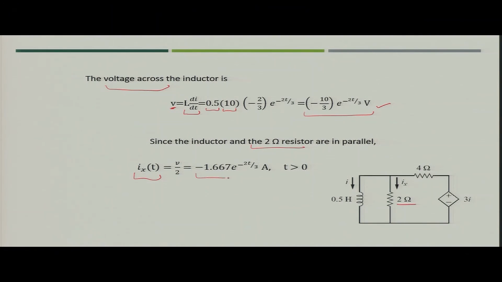So, we finally get the value of Ix as minus 1.667 e to the power minus 2t by 3 ampere. So, you can use either the Thevenin equivalent or the mesh analysis method using Kirchhoff voltage law, and you will eventually get the same answer. So, we close our RL circuit session today at this point.